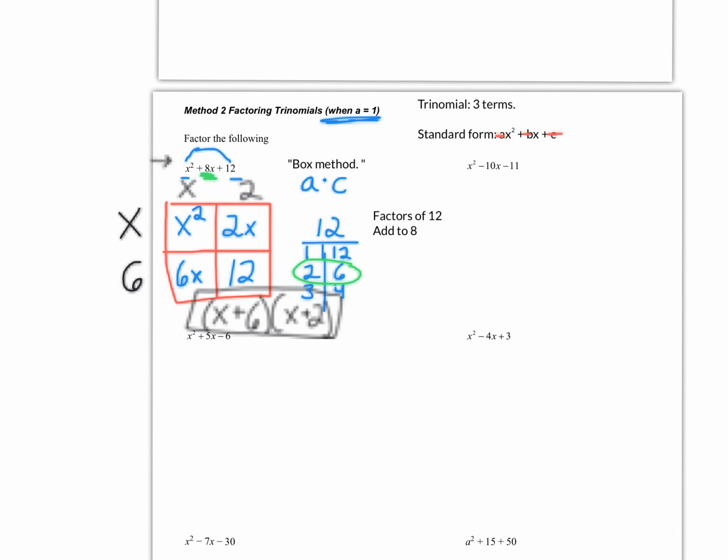Well, they have an x in common, so I'm going to pull a GCF out of x. The final column, what's the GCF? That's just 2. And we have our factors. So our factors are two binomials, the first being x plus 6, and the second being x plus 2.